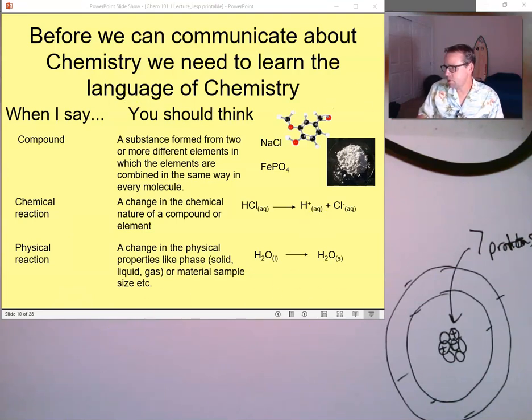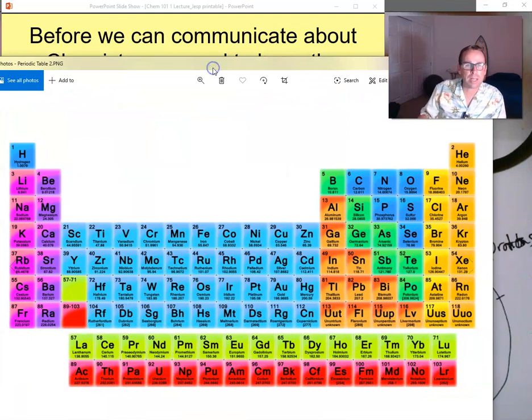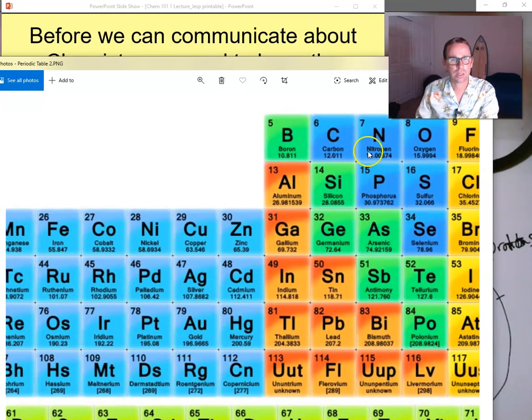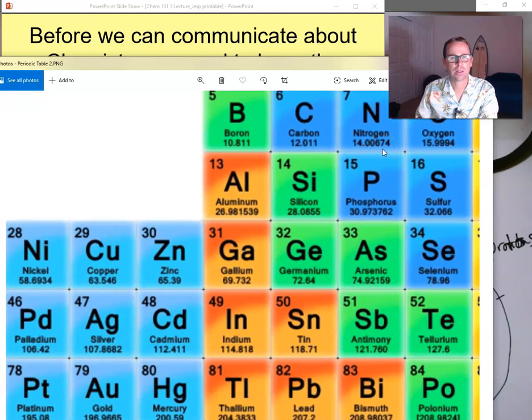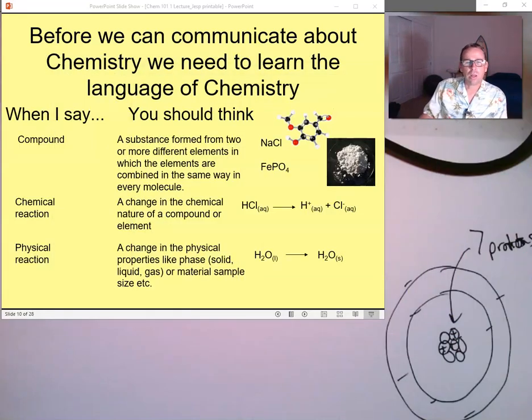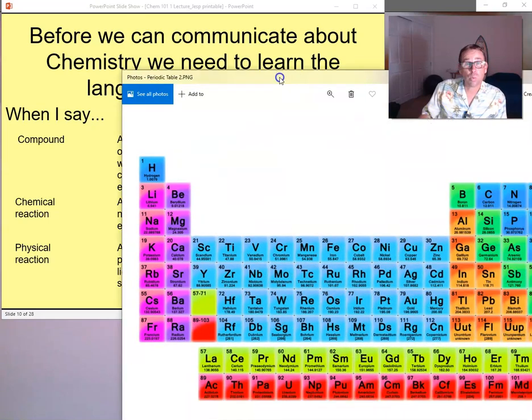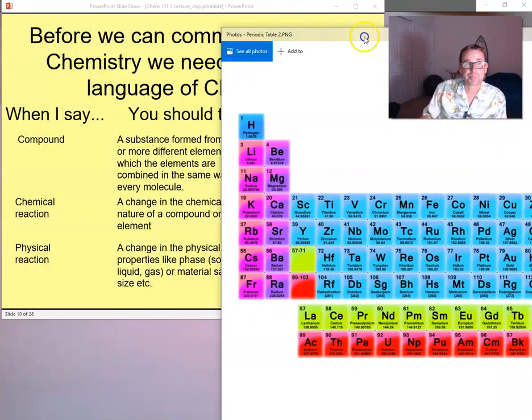If there's 7 protons in the nucleus, then can we know what kind of atom that is? Nitrogen. Very good. So an atom is a nucleus with electrons around it, and the number of protons helps us know what kind of element it is. Very good.